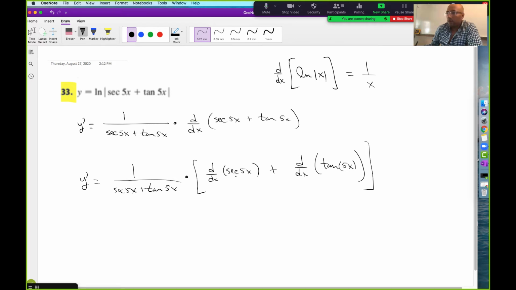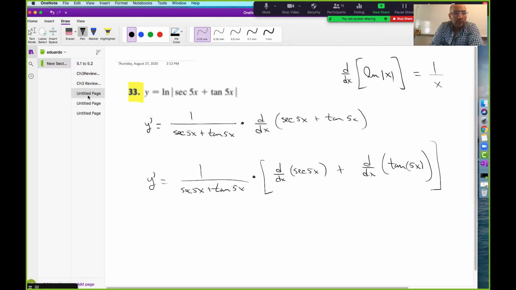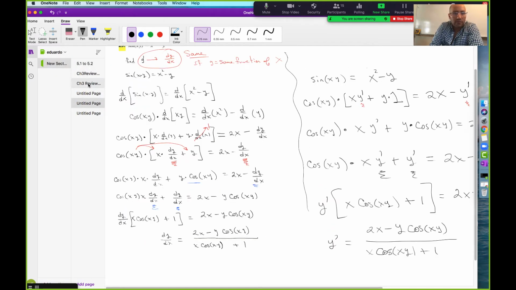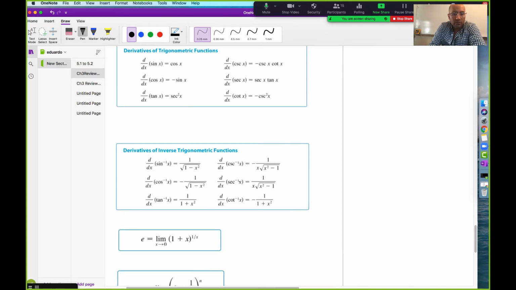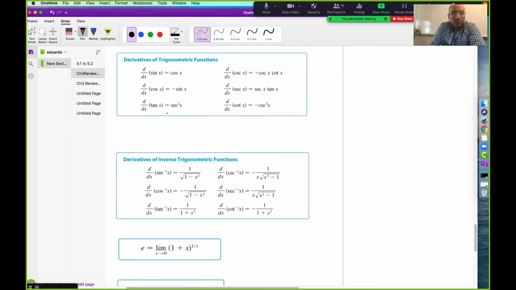The derivative of secant is secant tangent, right? So let's go back over here. It's been a while. I forgot some of these things. Derivative of secant is secant tangent. Yeah, see, the derivative of secant is secant tangent, and the derivative of tangent is secant squared. So we want to use these two properties here.